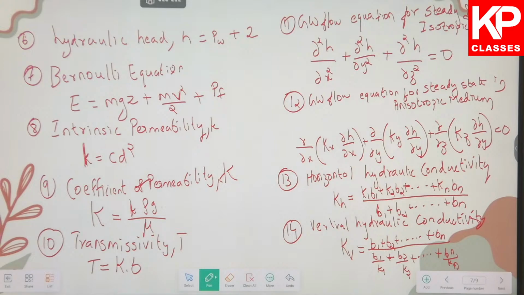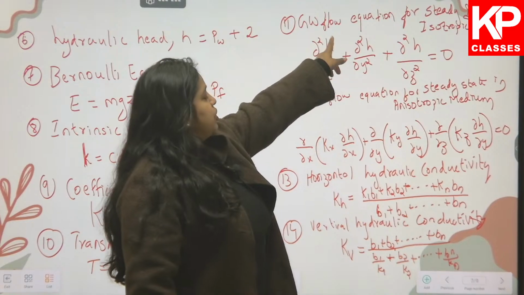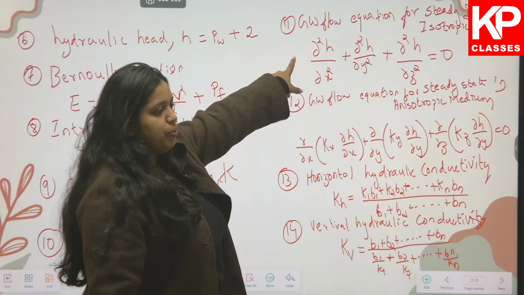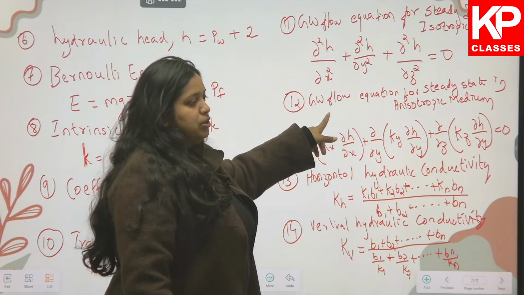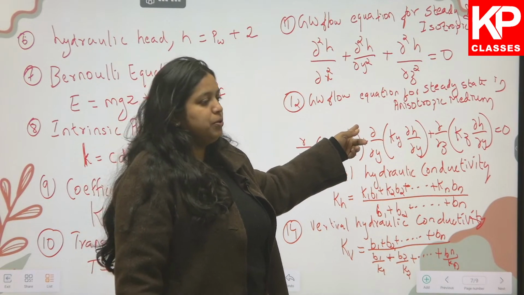Write the equation down. So this is the groundwater flow equation for steady state in an isotropic medium. This is the groundwater flow equation for steady state in an anisotropic medium.